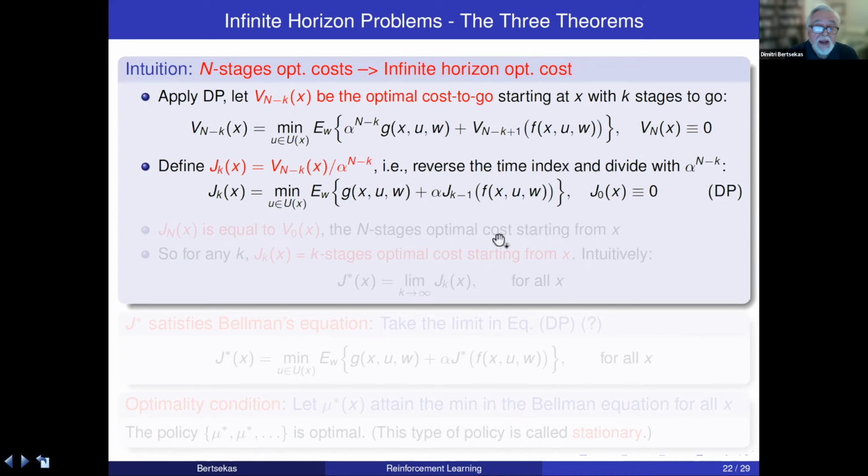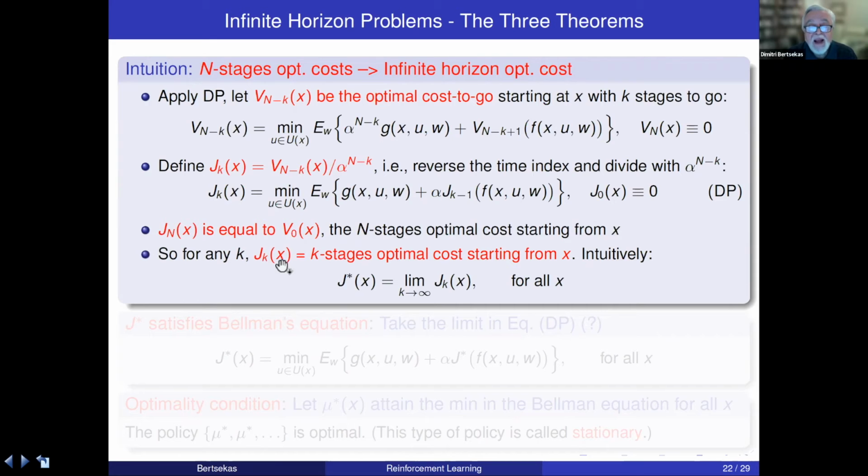So j sub n is equal to v sub 0, which is the n stages optimal cost starting from x, and jk sub x as given by this algorithm here gives you the k stages optimal cost starting from x.